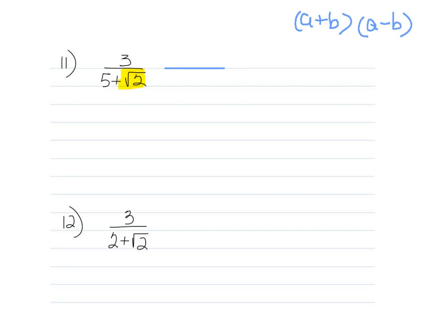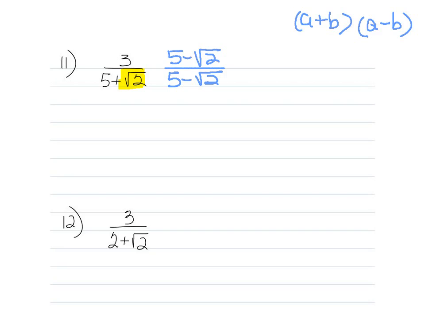So, the conjugate of 5 plus radical 2 would be 5 minus radical 2, and we would have to multiply this expression by a form of 1. 5 minus radical 2 over 5 minus radical 2.